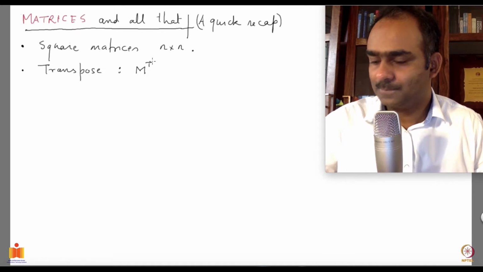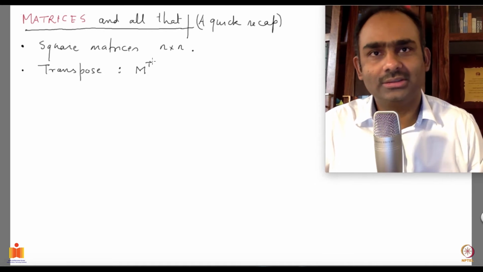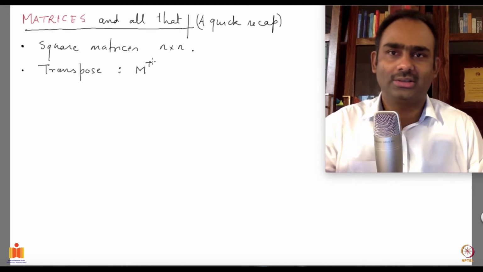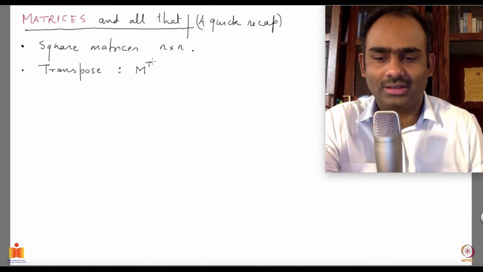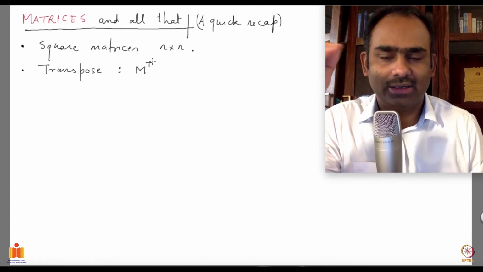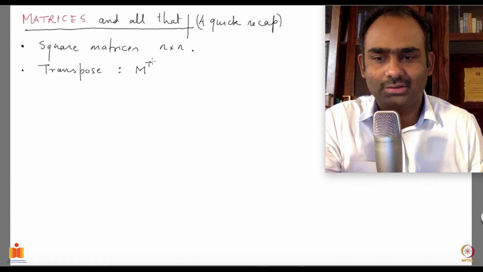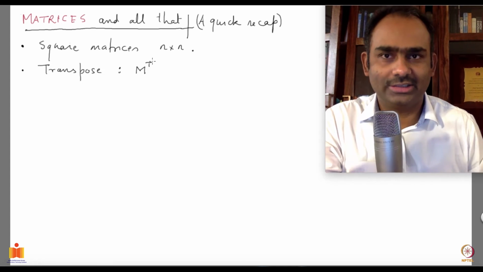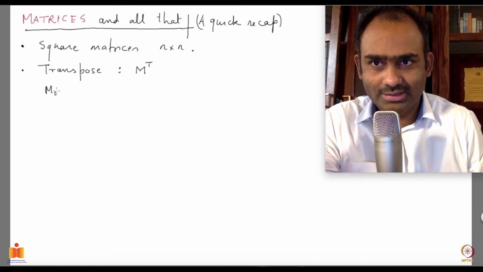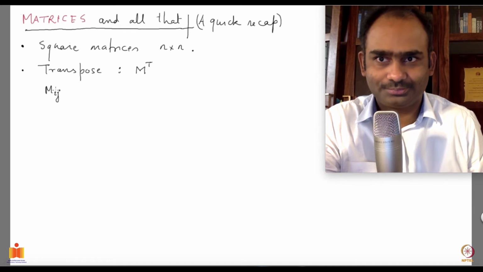Okay, let's see how you write this down in index notation. If I want to tell the element of a matrix, I specify the element at the ith row and the jth column, so that you say mij. So this is the entry mij.